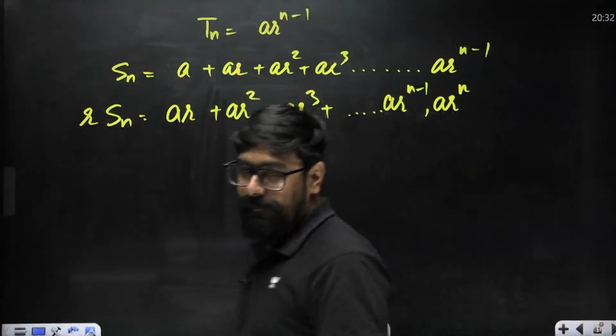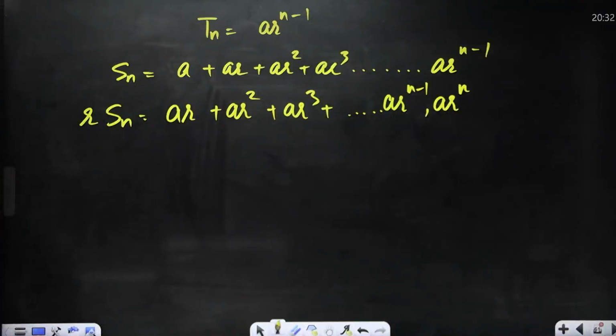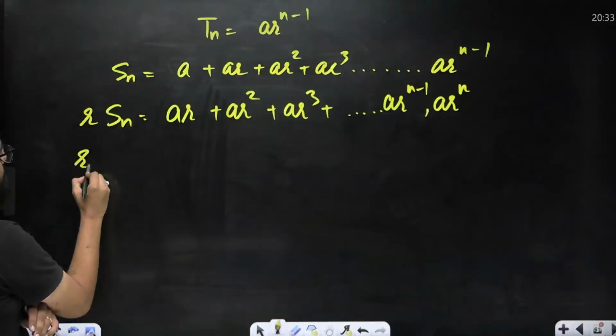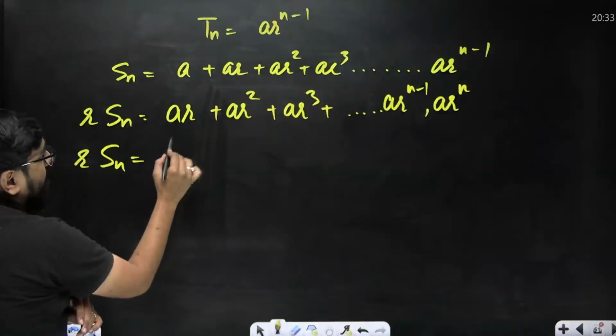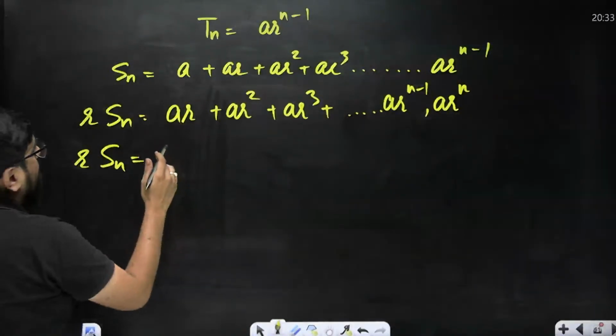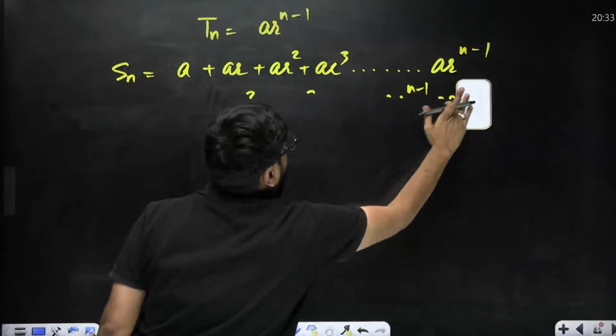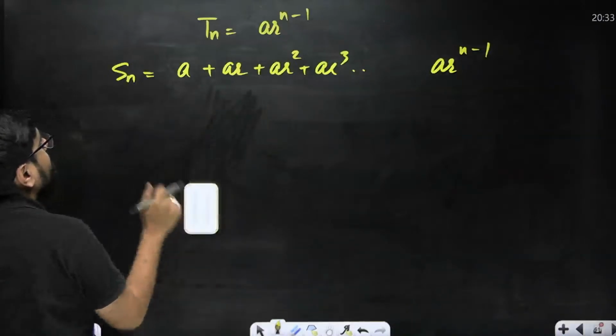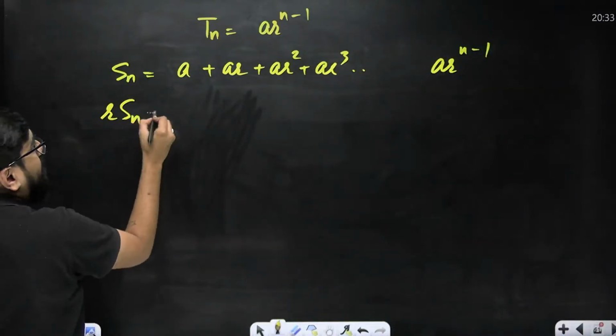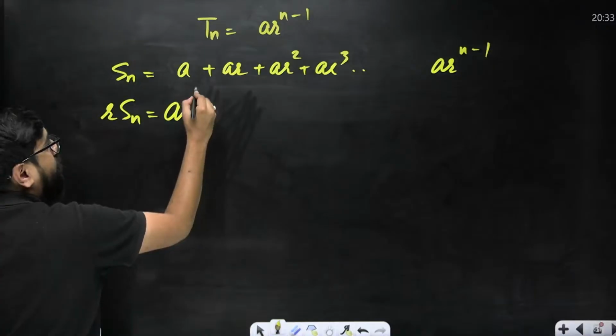Now if I subtract, what is happening? Is there a difference if I write it in reverse order now? R into the sum of n terms, AR, okay, the first equation, and look at this equation. I'm writing the same thing in reverse order, multiplying with R. The last term multiplied with R will become AR to the power n.